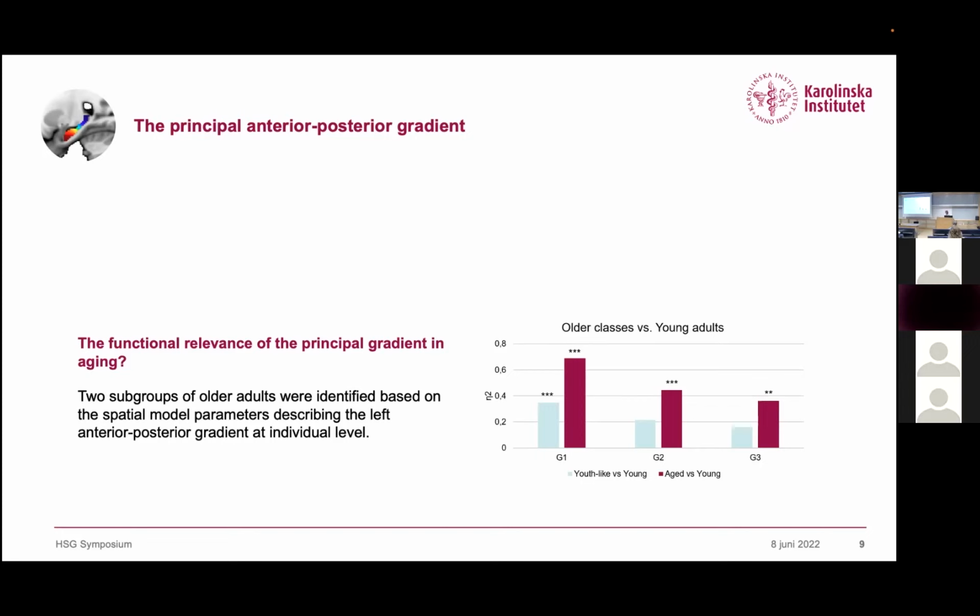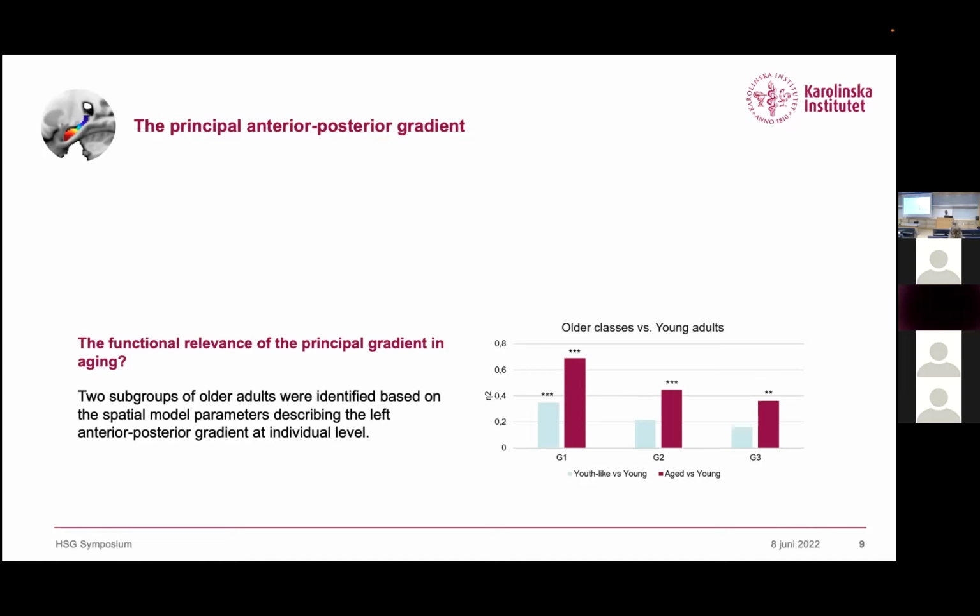So using left hemisphere gradient parameters in an LCA, we could identify 2 groups of older individuals, one which we call youth-like, or older adults with a more youth-like gradient, and older adults with a more aged gradient. So these 2 groups obviously differ significantly from each other in terms of gradient parameters.